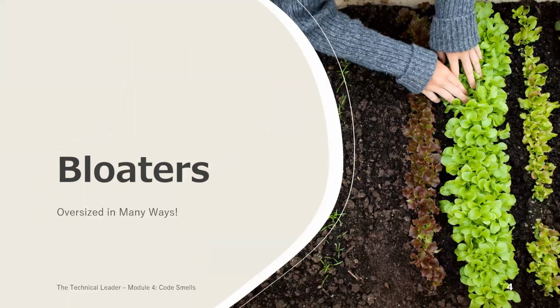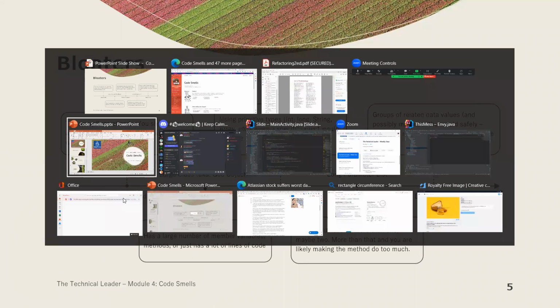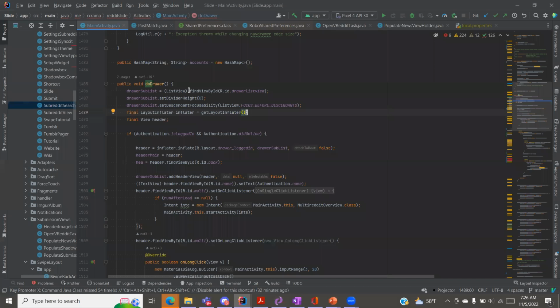All right, so let's look at the bloaters. They're, as I say, oversized in many ways. You've got your long method, and that's effectively when you've got too many lines of code. We'll look at an example of that here. This is my favorite source of examples of code smells.